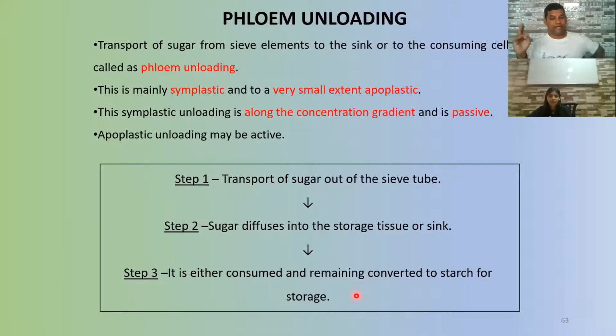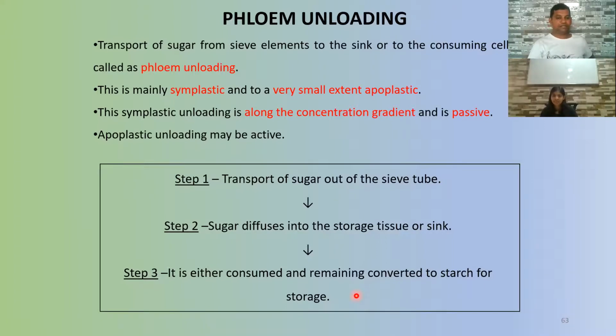So we have finished the second process of the second story of plant water relation, and that is translocation. First we finished absorption, the second one was translocation. We saw two types of translocation. First was through the xylem, where dissolved minerals were translocated from the roots to the leaves.